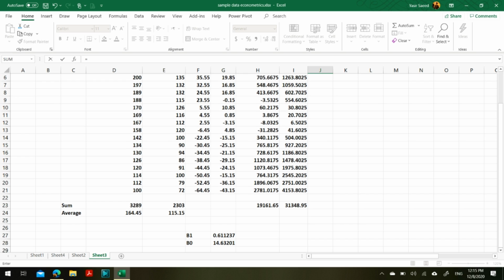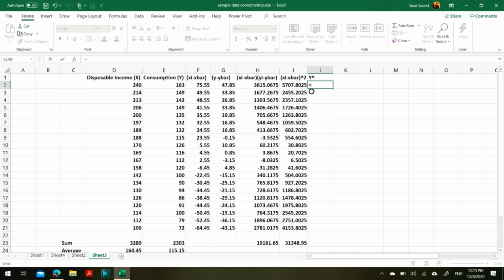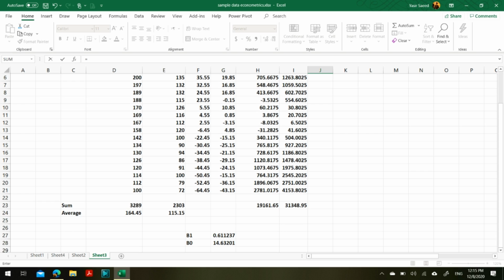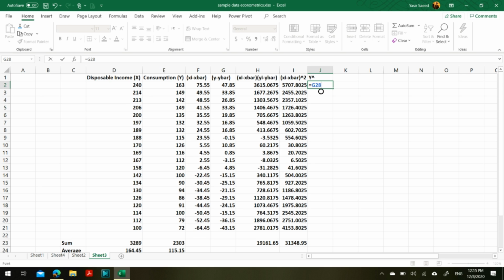A straight line equation is basically y is equal to a plus bx, or we can say y is equal to beta naught plus beta 1x. So beta naught is 14.63. We will use the formula equals G28, and we are also going to fix the value of G28.